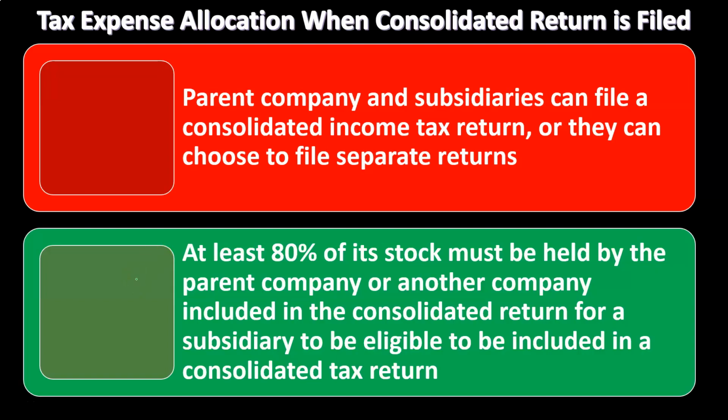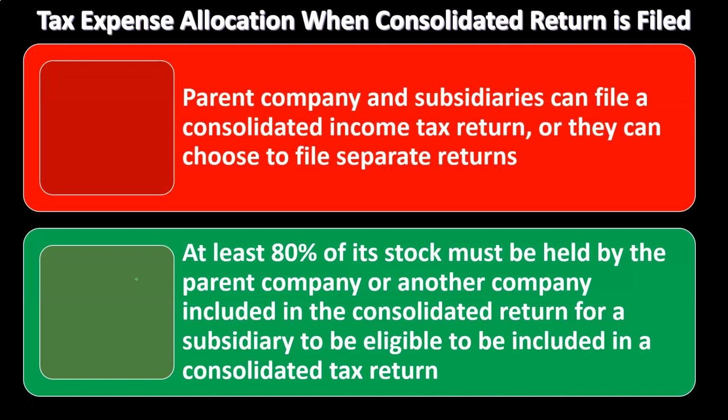But if we file one tax return, then at least 80% of its stock must be held by the parent company or another company included in the consolidated return for a subsidiary to be eligible to be included in a consolidated tax return. So in other words, if you talk about a consolidated entity, when do we have to make consolidated financial statements, or when should we possibly? When there's a controlling interest. When does that happen?